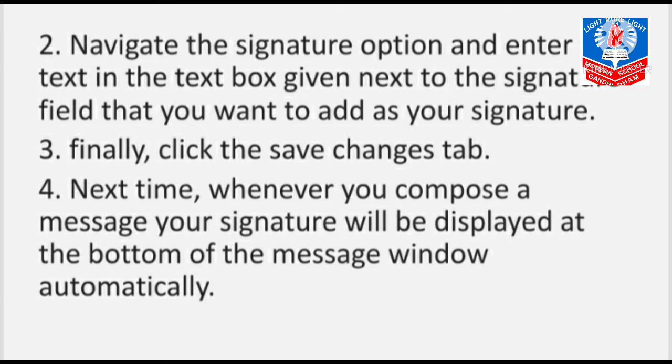Now second, navigate to the signature option and enter the text in the text box given next to the signature field that you want to add as your signature. Finally, click on the Save Changes tab.